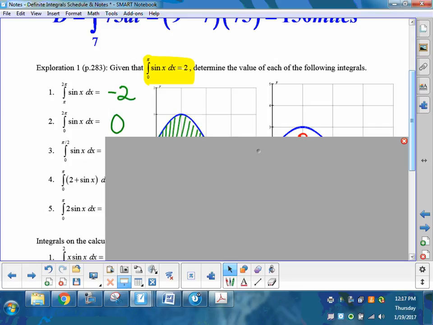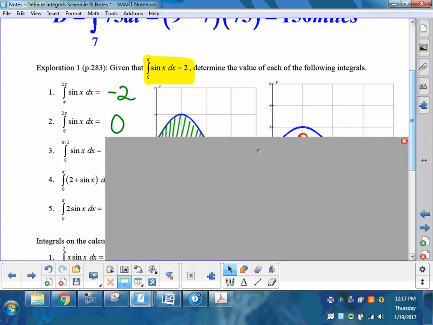The area under the curve from, and trace it on the graph if you need to, from 0 to pi over 2. Hands up, please, if you can tell me how much you think that's going to be. We got 1 person. 2? Why is it 1?